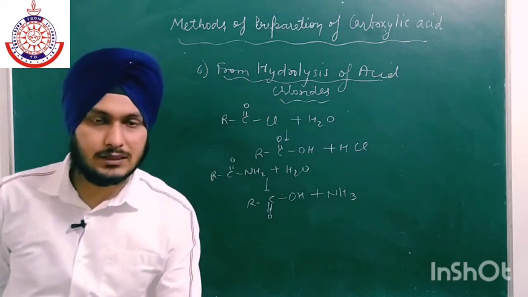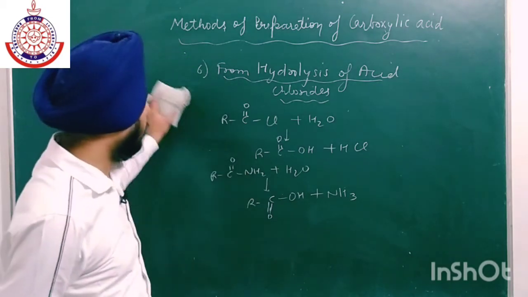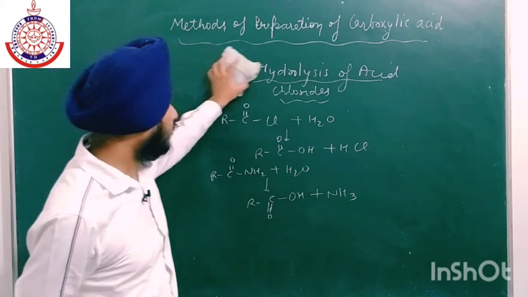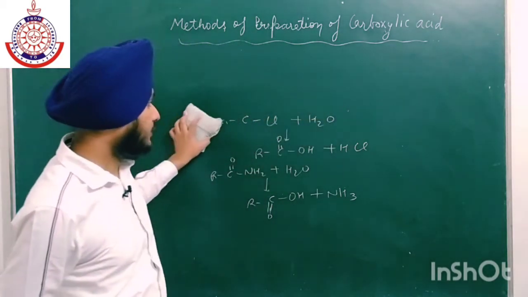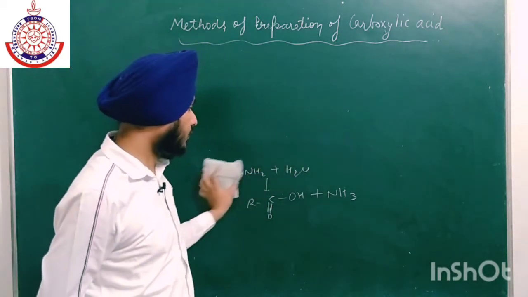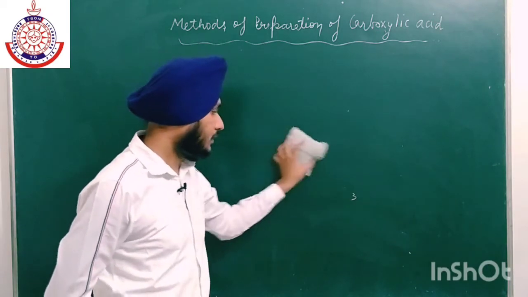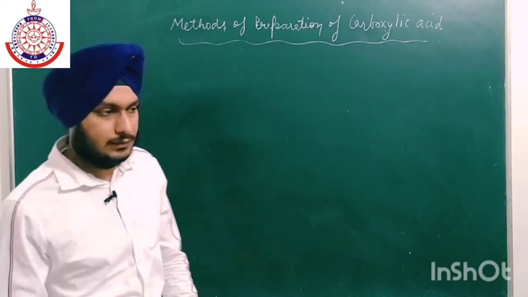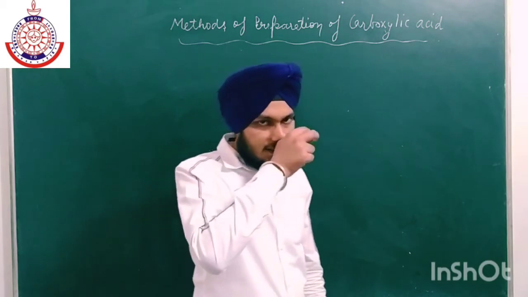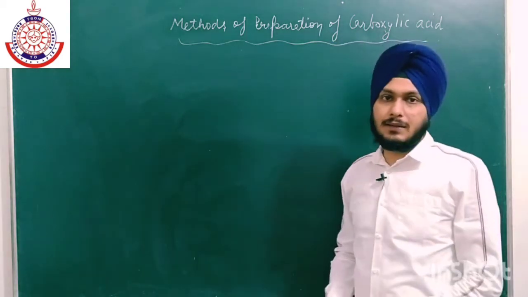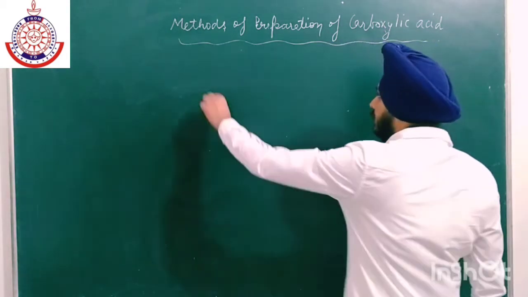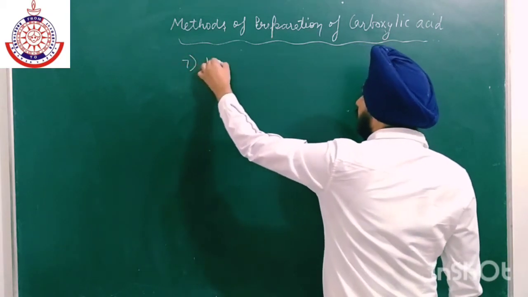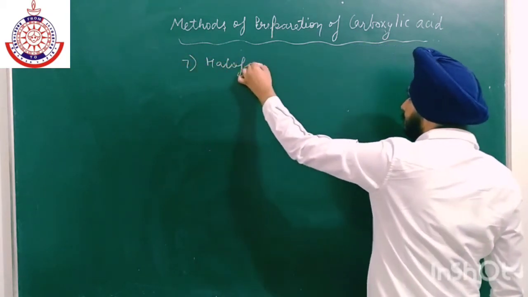Now the seventh method is very, very important, and we have to cover this reaction in the chemical properties of aldehyde and ketone. This is known as the haloform reaction.